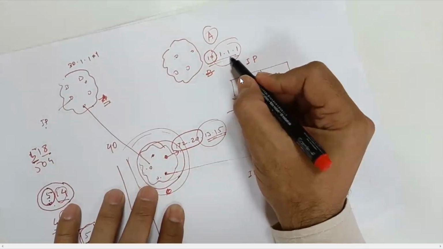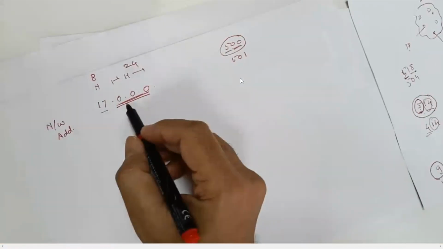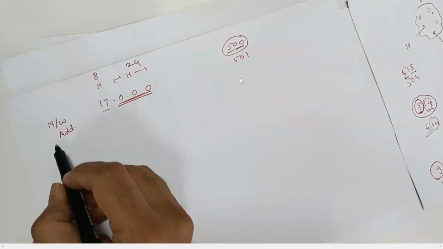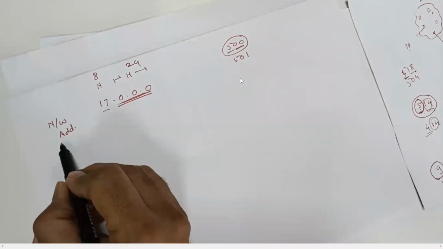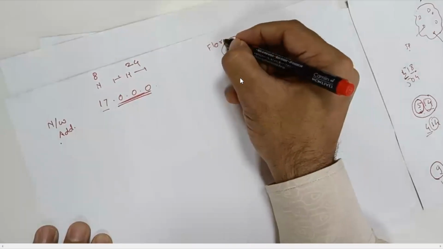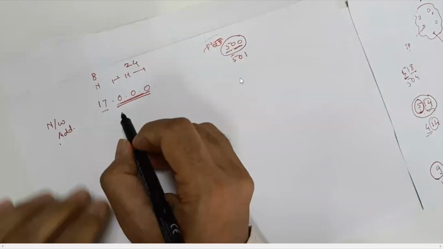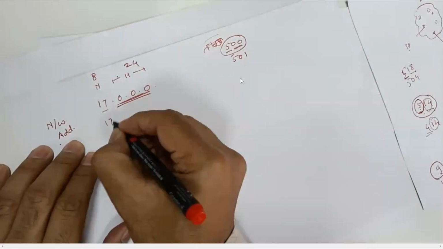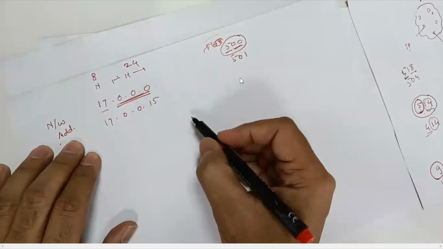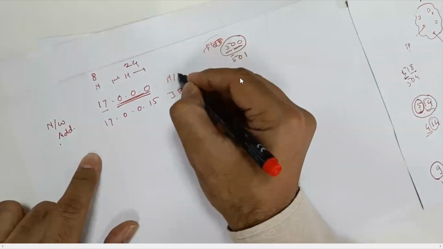As soon as all host bits are 0, we are talking about the network address, or in this case, a floor address. If I say 17.0.0.15, that means it is an IP address. This is a network address. Got the concept?